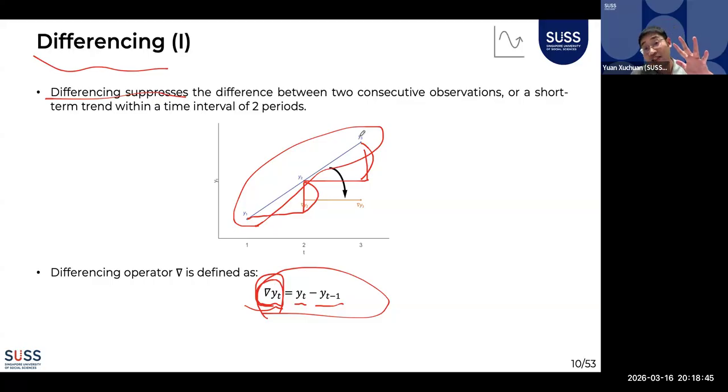But if you look at the residual and it is stationary but not white noise, then you still need to continue with the AR model, MA model, ARMA model, right? And also, if you look at the variance of your residual, and the residuals have a non-homogeneous variance, you need to consider the ARCH model or GARCH model.